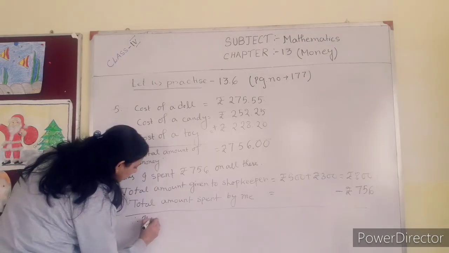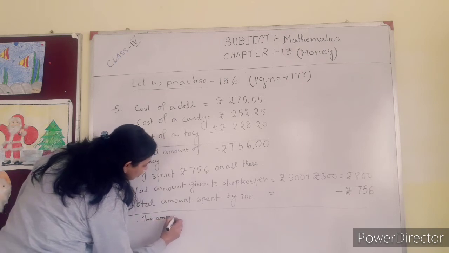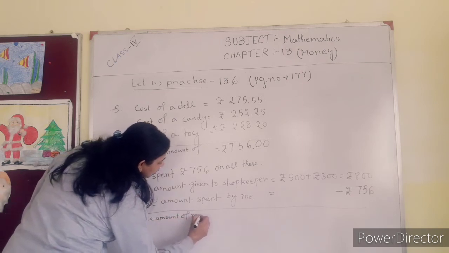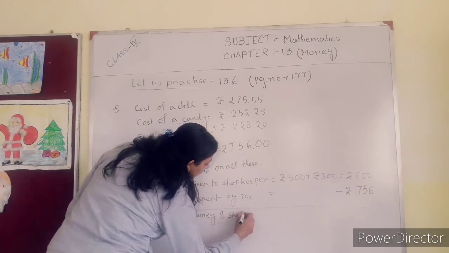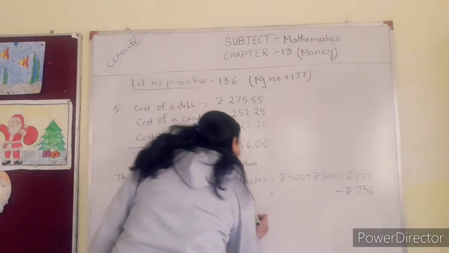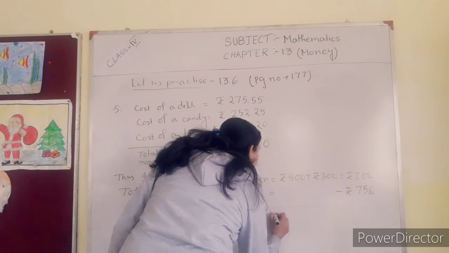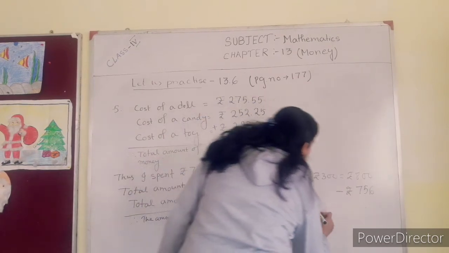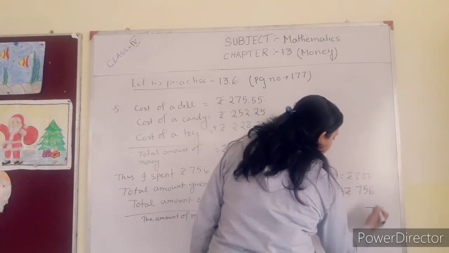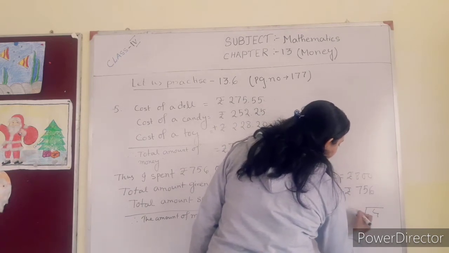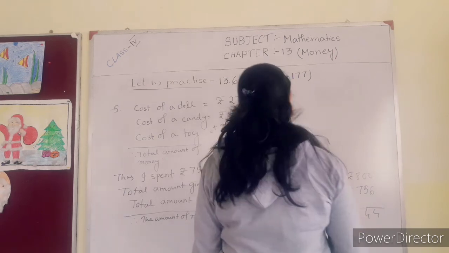The amount of money I shall get back equals: 0 is smaller than 6, so 10 minus 6 is 4, 5 plus 1 is 6, again 10, 10 minus 6 is 4, 7 plus 1 is 8, 8 minus 8 is 0. So 44, rupees 44.